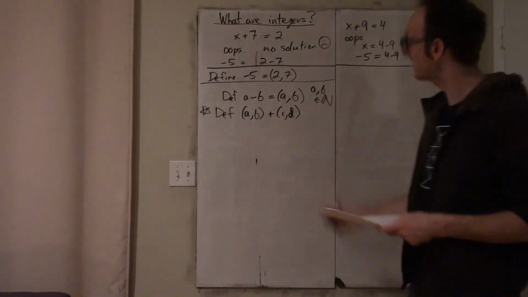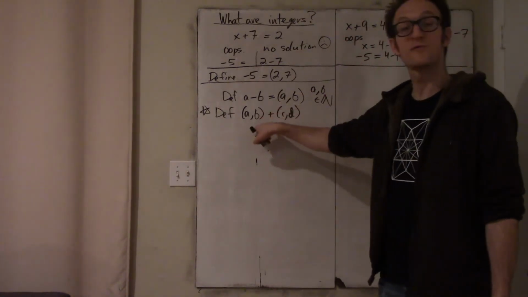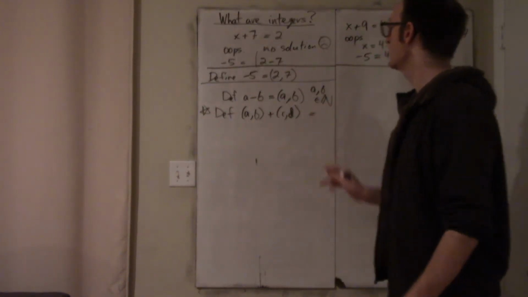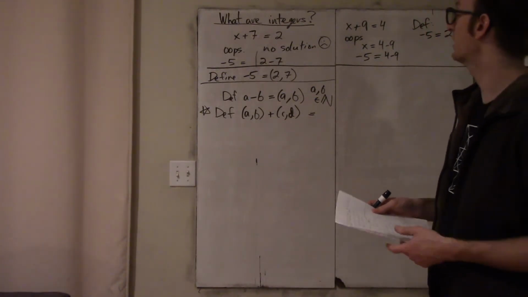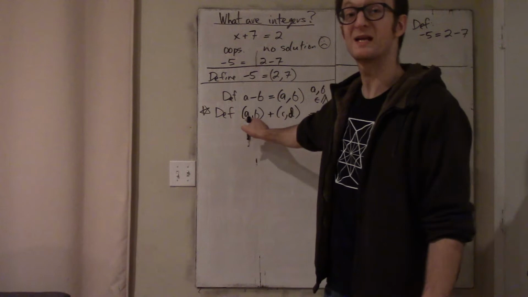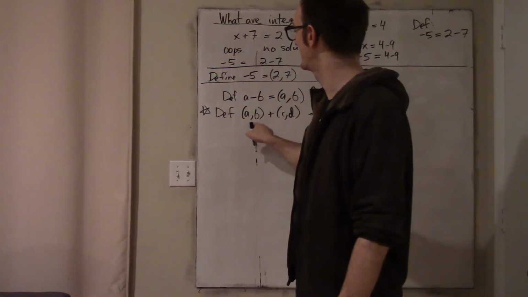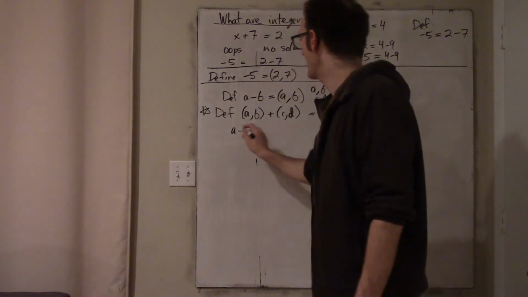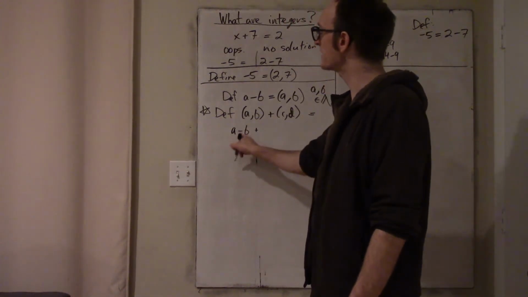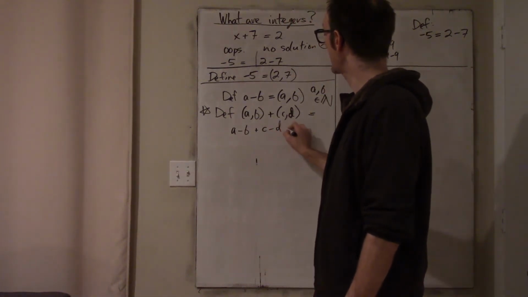How should I define the sum of two of these integer things? This is maybe a strange question, now once again, kind of off script. What is the pair A, B? It's A minus B, and what happens if we add A minus B to C minus D?